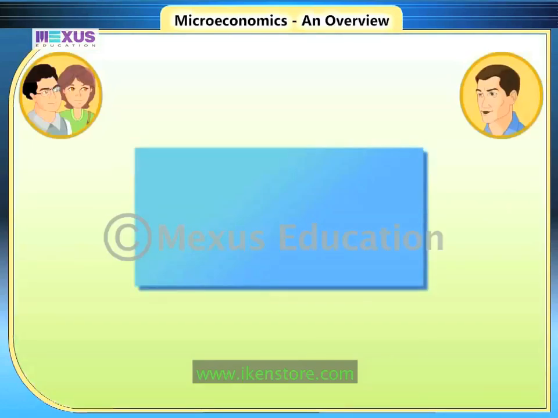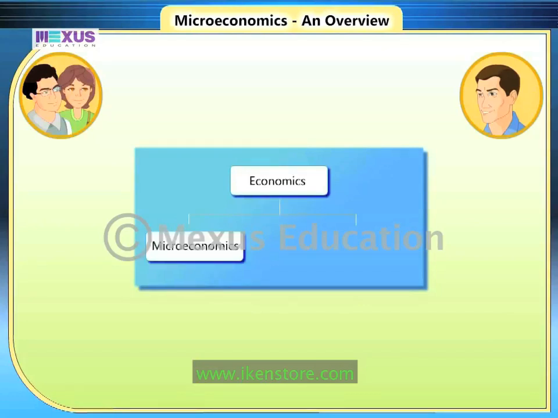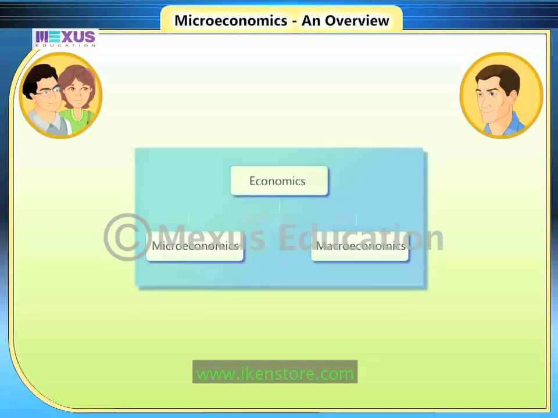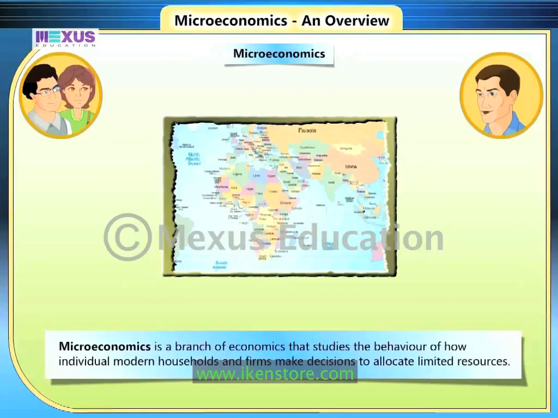Let's begin with the basics of economics. Economics is branched into two main parts, microeconomics and macroeconomics. Microeconomics is a branch of economics that studies the behavior of how individual modern households and firms make decisions to allocate limited resources.